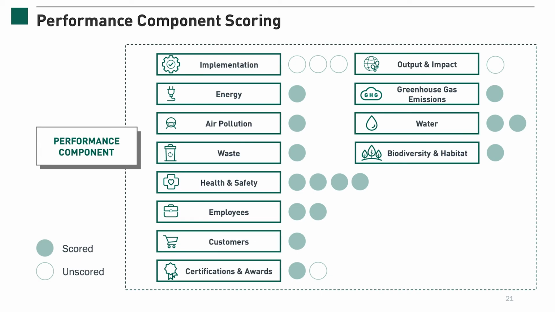The performance component consists of 12 aspects: implementation, output and impact, energy, greenhouse gas emissions, air pollution, water, waste, biodiversity and habitat, health and safety, employees, customers, and certifications and awards. It is composed of 20 indicators. The green circles are scored indicators.